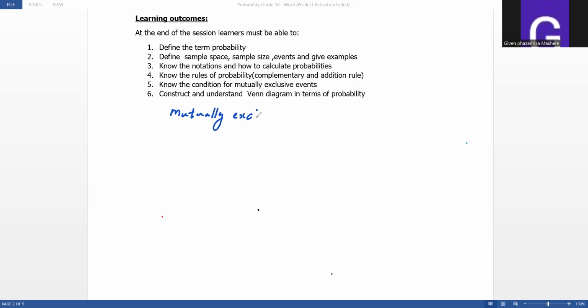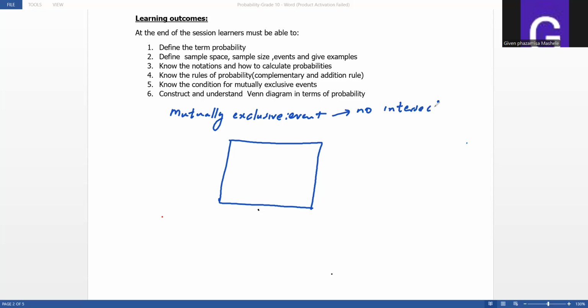They do not intersect at all. It means they have nothing in common.